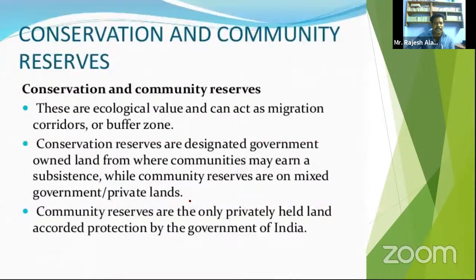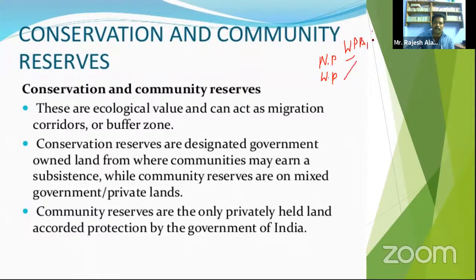Then what is a conservation reserve and community reserve? By legislation, there are national parks and wildlife sanctuaries. These provisions are there by the Wildlife Protection Act 1972. These are formed because of this act, but this is not sufficient, sir.